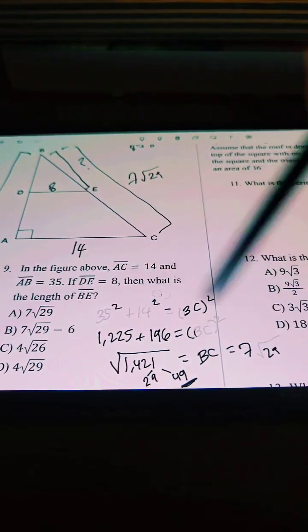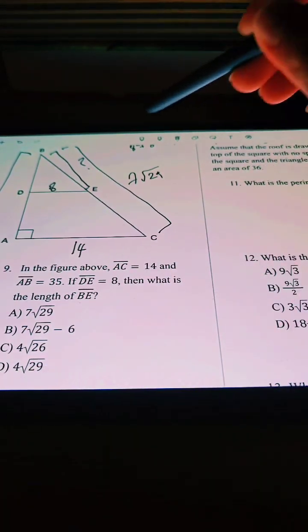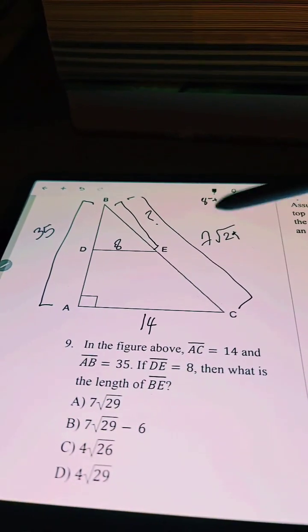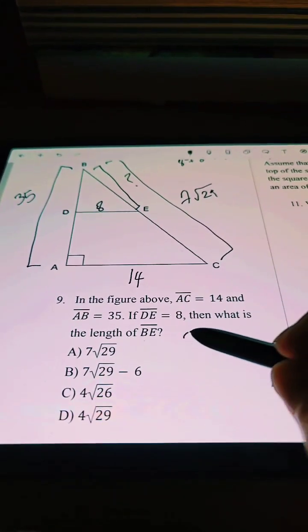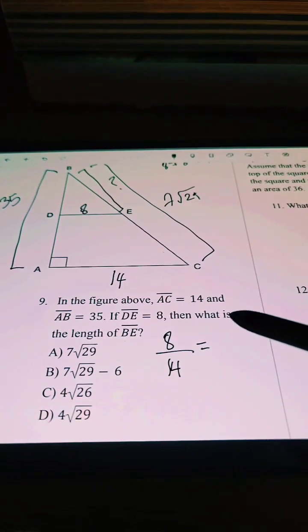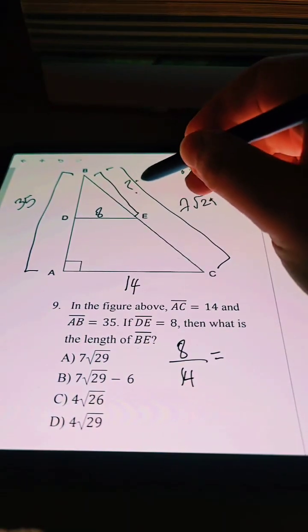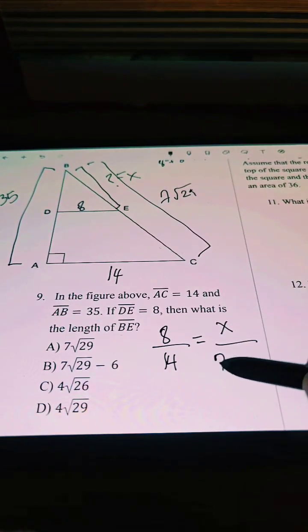Let me just erase this so I have room to write my next part. So now I can set up a ratio with the side lengths. 8 is to 14 as, and I'm going to call the question mark x, as x is to 7 root 29.